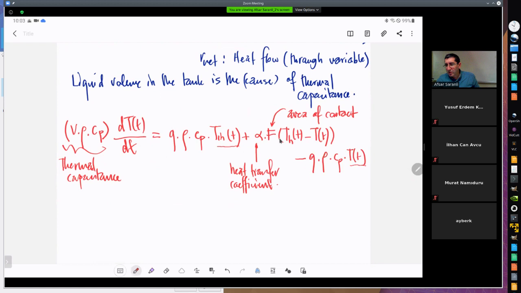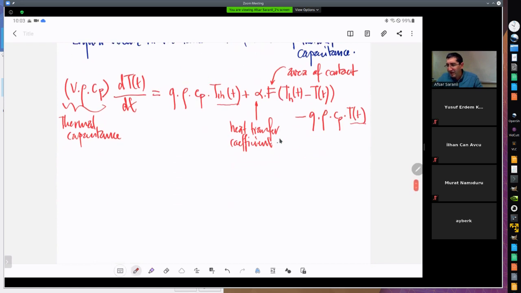So let us rearrange this equation. You see that we have basically the same variable in both cases. So let me rewrite this.